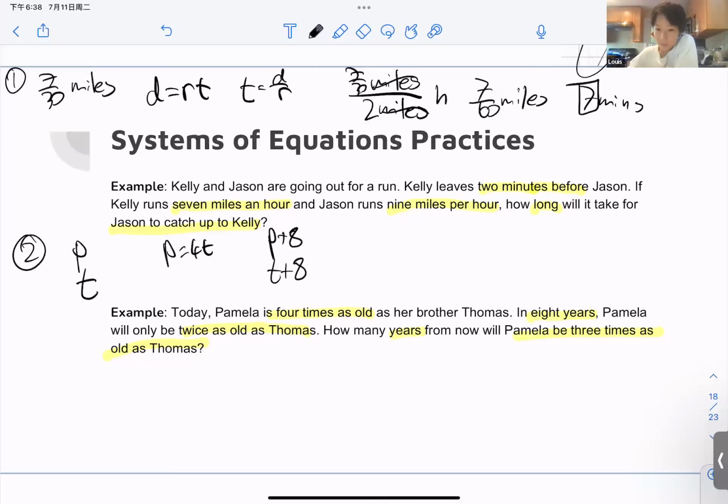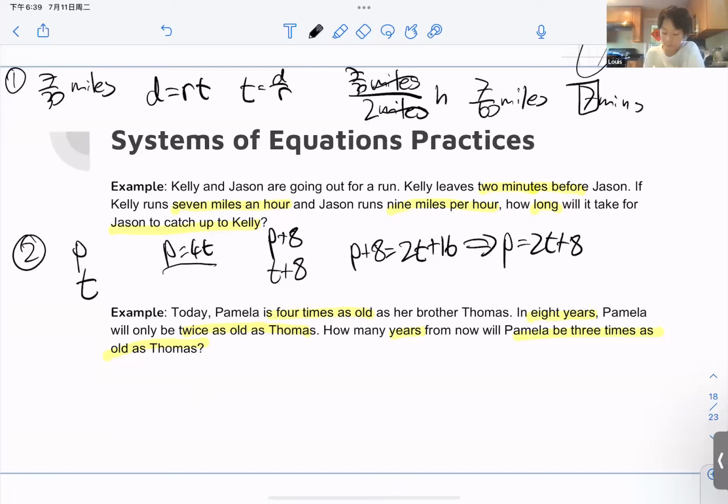So it would give us that P plus 8 equals 2T plus 16, which gives us P equals 2T plus 8.